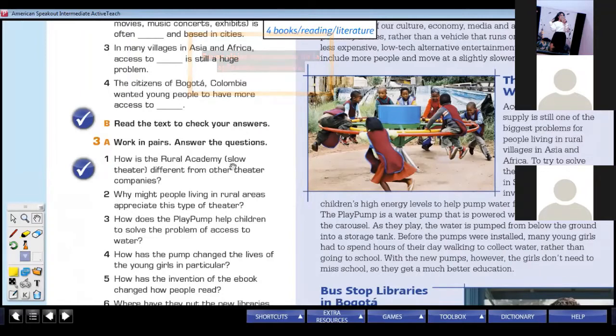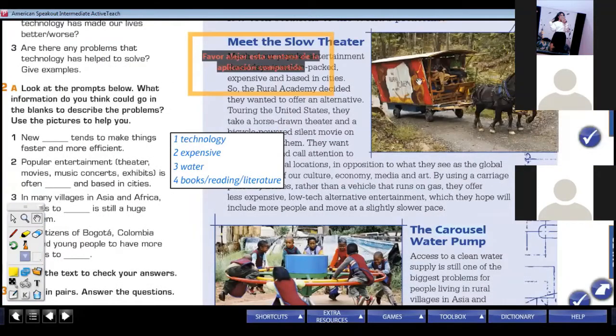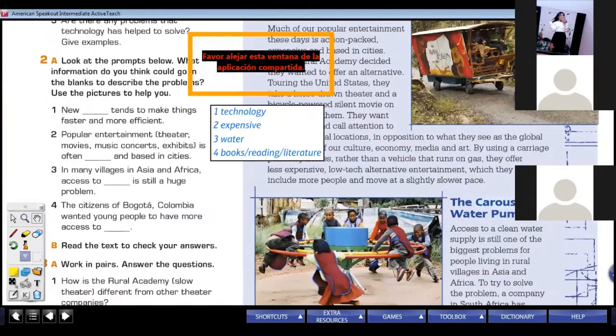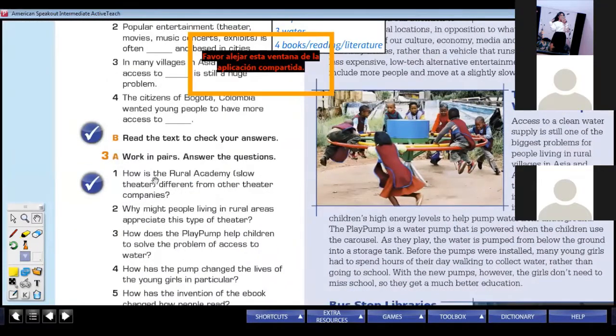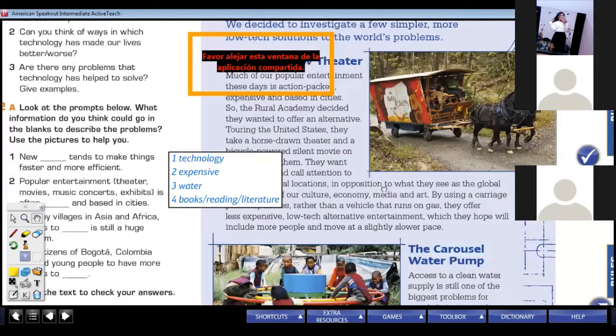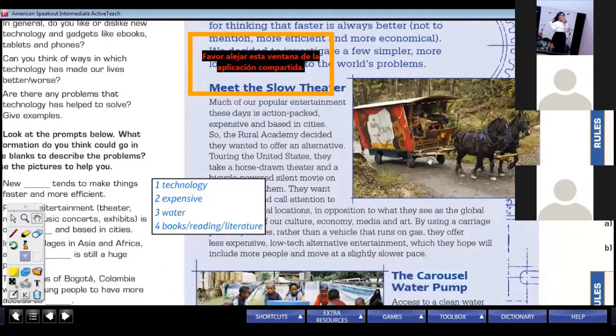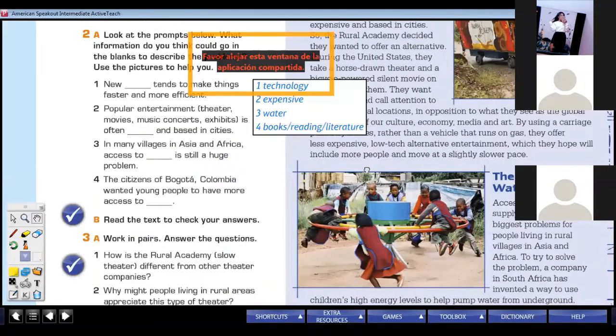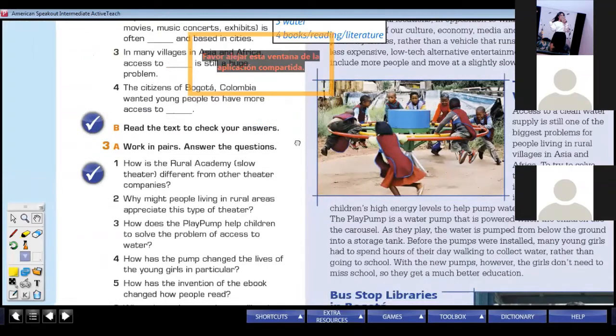Maybe for example this theater is less sophisticated than other theaters. I mean, this is a good idea, but not a very sophisticated one, right? So stuff like this.